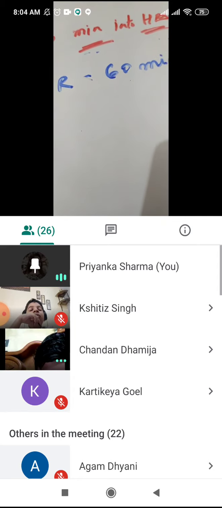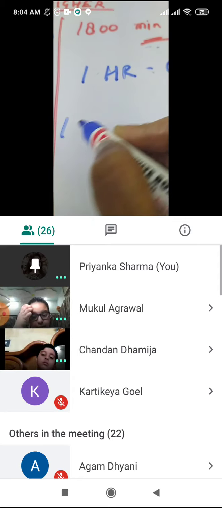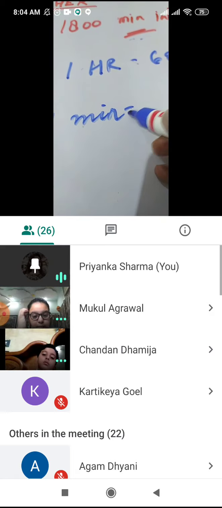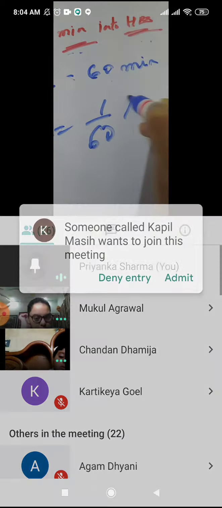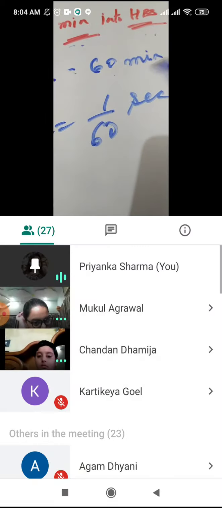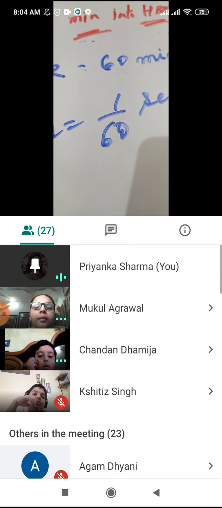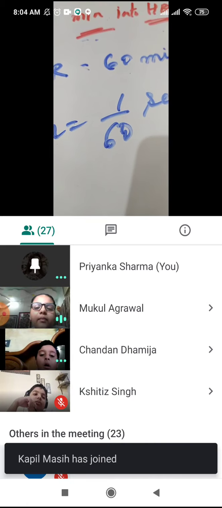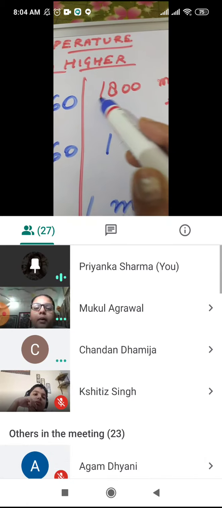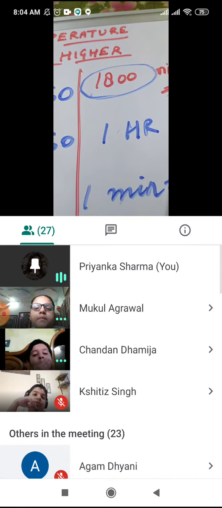So 1 minute is equal to 1 upon 60 hours. 1 upon 60 means 60 will come in the division form.